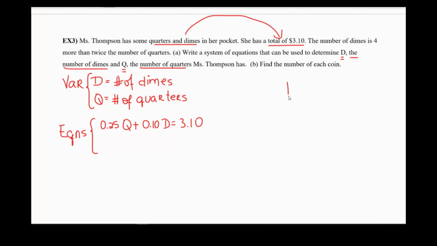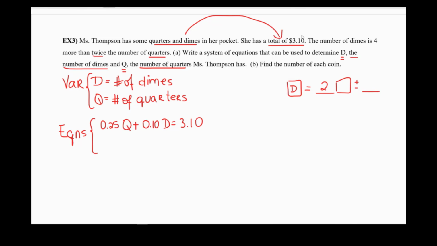Second equation, we're going to use the formula. So plus or minus, n says the number of dimes, so the number of dimes is the first letter, is 4 more than twice the number of quarters. So we have the number twice, which is the multiplier.